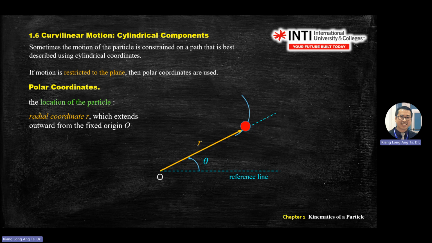You measure from the horizontal, following your right hand rules. I put this one in the slides just to tell you, the angle here is called transverse coordinate, theta. So sometimes the question asks you to find this theta.